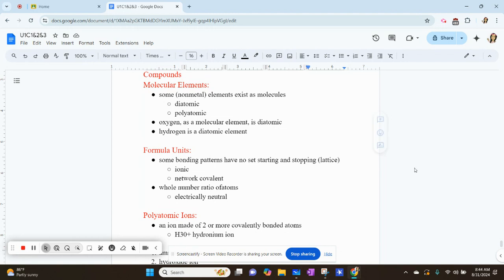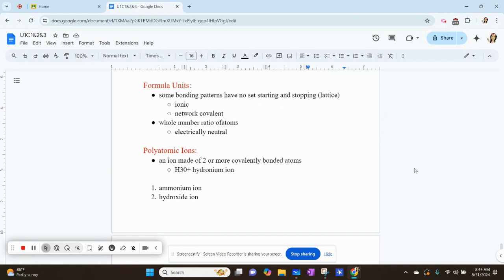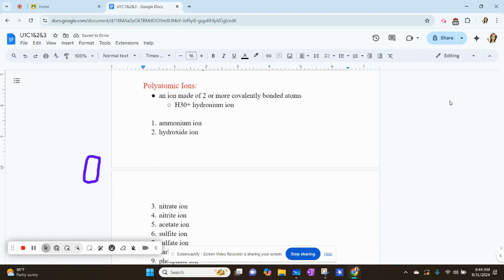Let's talk about formula units. Formula units have bonding patterns with no set starting and stopping, also known as a lattice. So this is ionic and network covalent. And the whole number ratio of atoms is electrically neutral. Polyatomic ions are ions made up of two or more covalently bonded atoms.